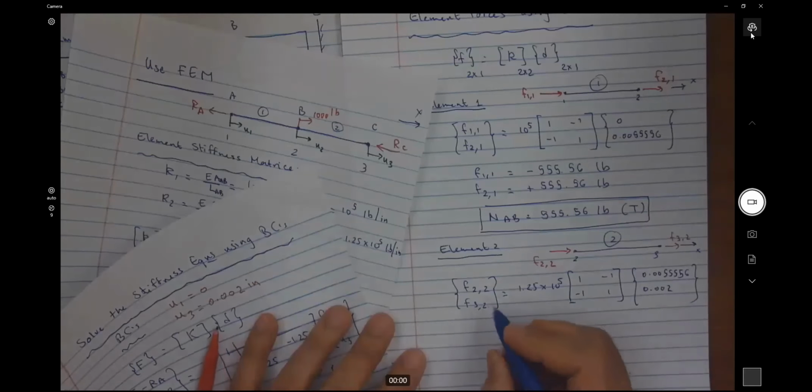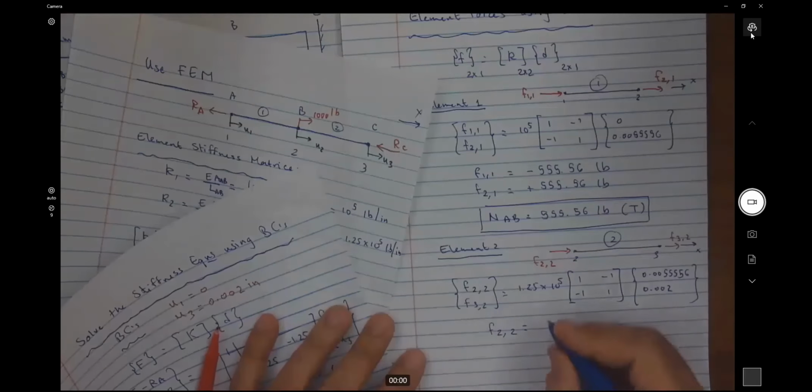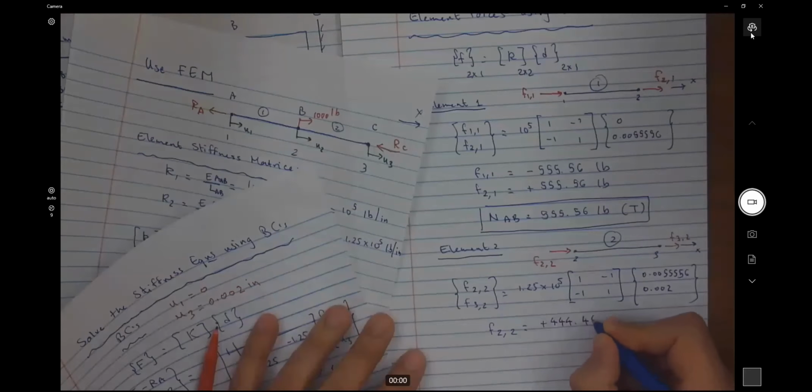Both of them are positive. Okay. When we do the numbers, I will get here F22 to be equal to a plus 444.44 pounds, and F32 is equal to a minus 444.44 pounds.